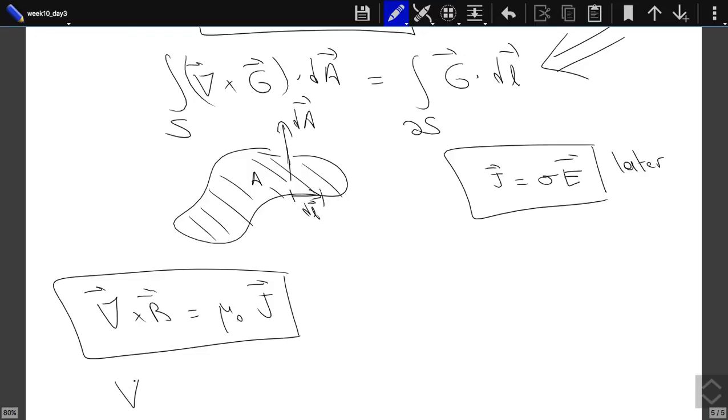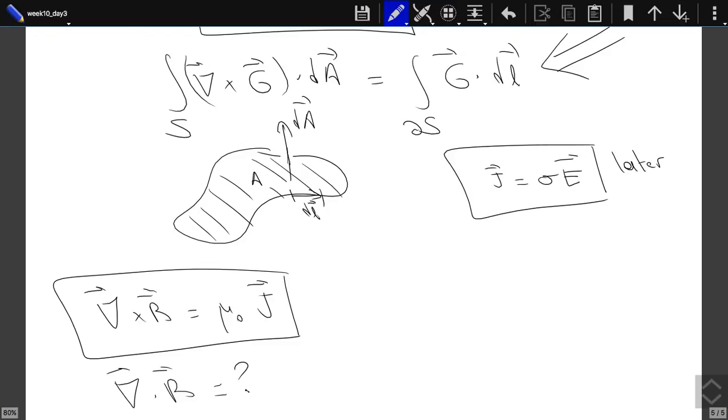Divergence of B. Now, the Helmholtz theorem basically states that if you know the curl of a vector field, the divergence of a vector field, and if you know the boundary conditions, then you can uniquely determine the vector field. So that will be our purpose, determining this B field.